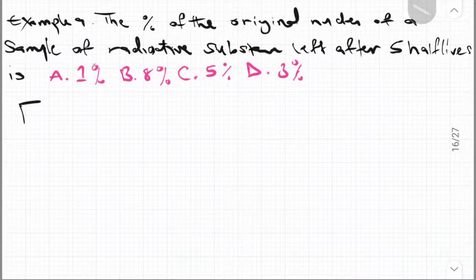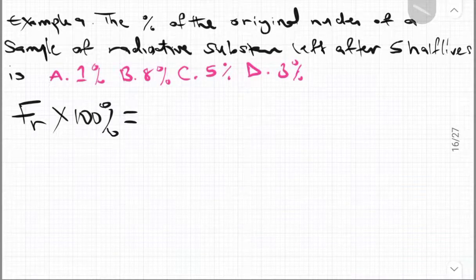One thing is that if we know the fraction left, it will make sense, because if we multiply the fraction left by 100%, then that will be the answer to this question. Now, what is the fraction left?